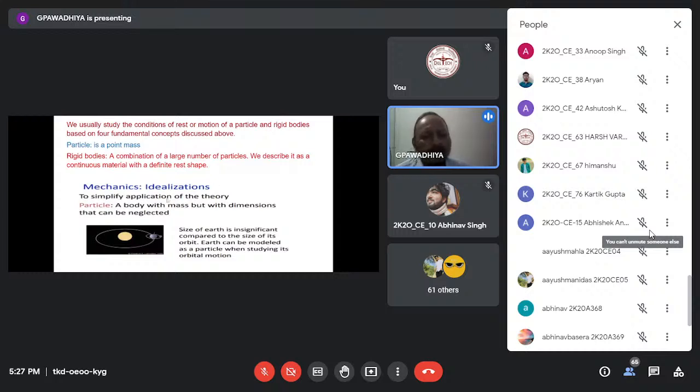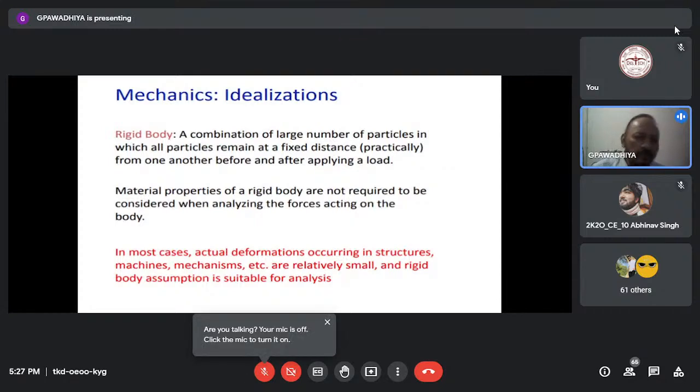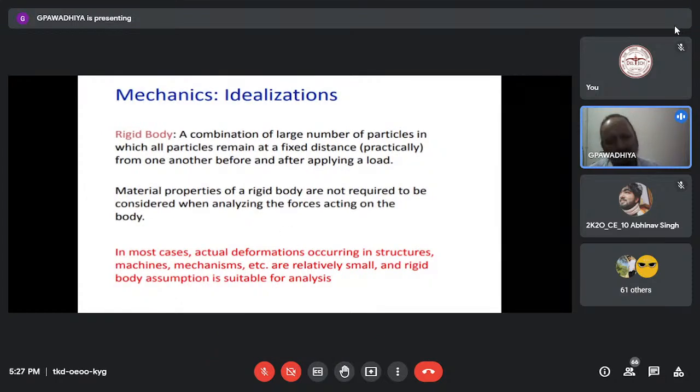So here we have discussed the idealization of the physical entity, and this we call mechanical idealization. We do some mathematical idealization also, to make analysis simple. We introduce assumptions like a linearly elastic structure, or we want to perform linear analysis, etc. Those are mathematical simplifications.